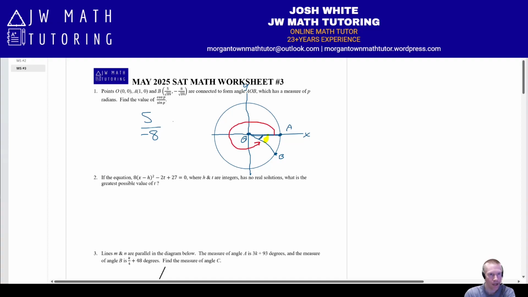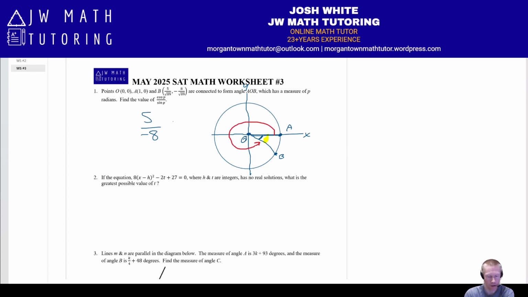So my initial thought on this was that the answer would be positive, because the angle itself is less than 90 degrees. It's less than pi over 2 radians. And any angle between 0 and pi over 2 radians has a positive sine, a positive cosine, positive tangent, because it's essentially equivalent to a quadrant 1 angle.